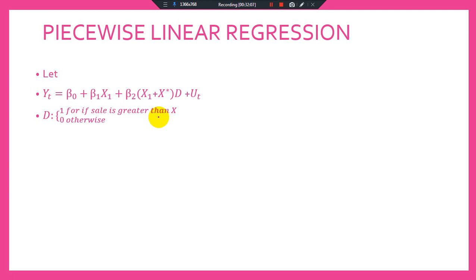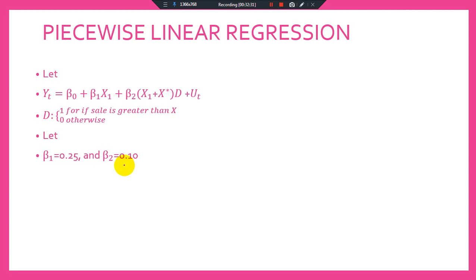As we know, if the sales are increasing, then the salesman gets a commission, or the representative employees are getting a higher commission. So here we have 1 if sale is greater than x* and 0 otherwise. Let beta 1 be equal to 0.5 and beta 2 be equal to 0.10.